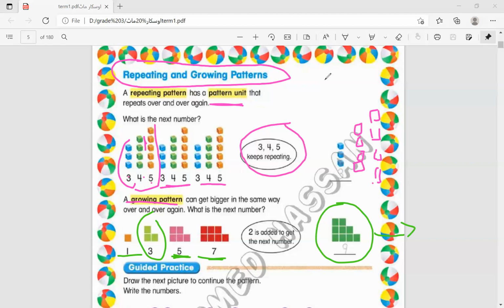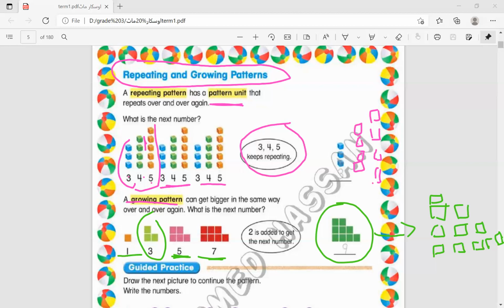So it will be 1, 2, 3, 4, 5. So 5 plus 3 plus 2 plus 1 equal 11 squares. We add only 2 squares to the previous one.